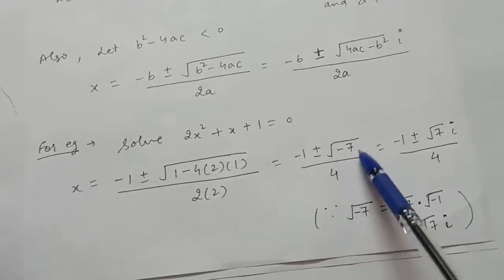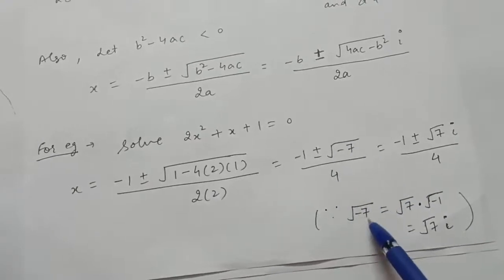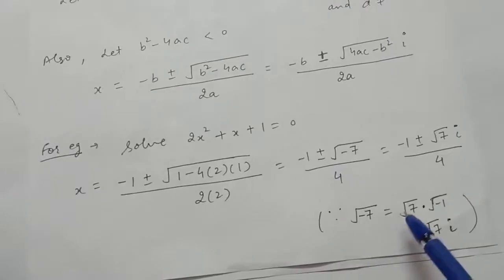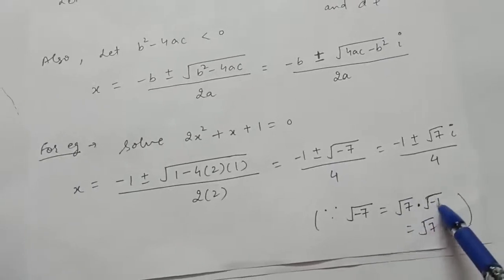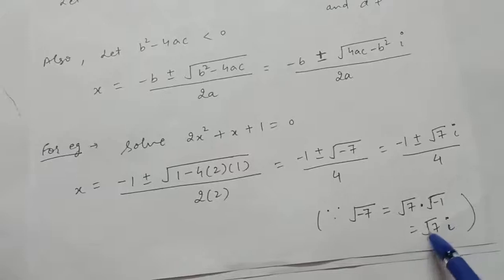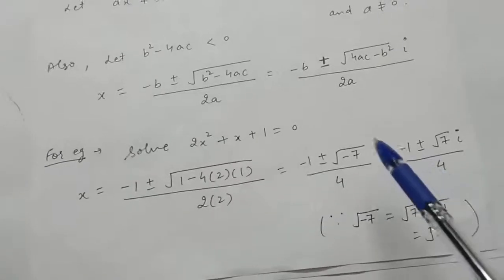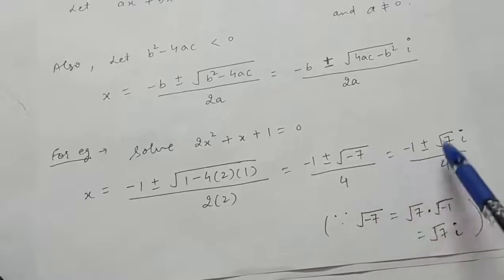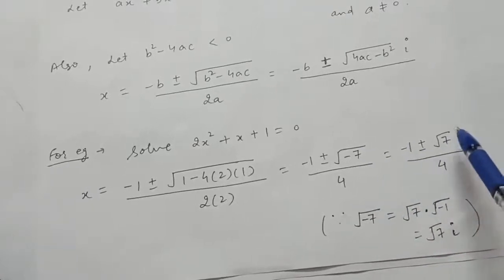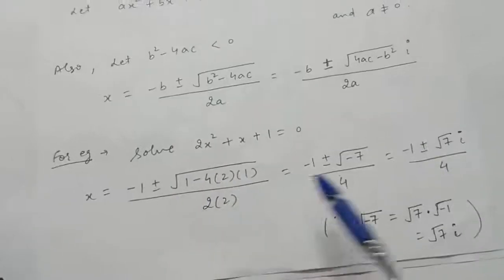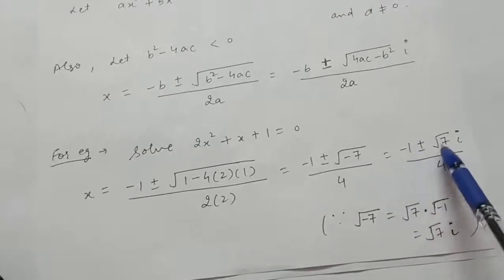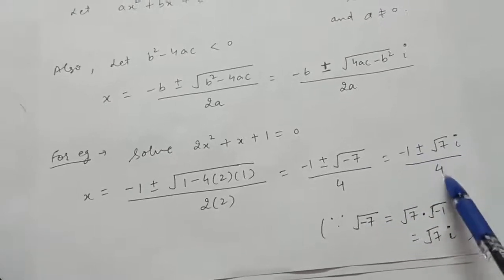Now see here, this is negative inside the root, so it can be written as root 7 into root minus 1. Root 7 as it is, and we know the value of root minus 1 is iota. So this can be written as root 7 into iota. So the value of x is minus 1 plus minus root 7 iota upon 4.